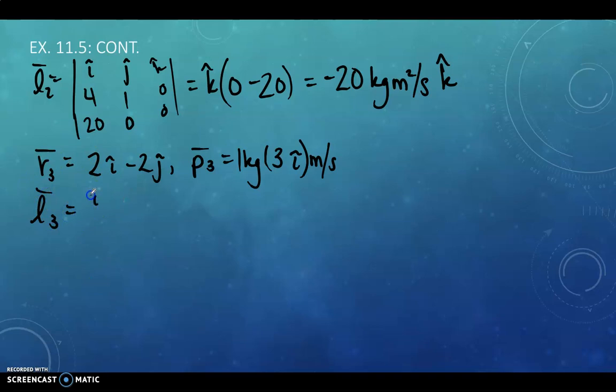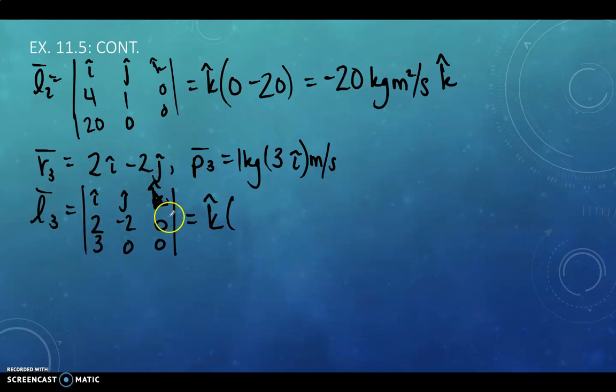L3, we have i hat, which is 2 and 3. We have j hat, which is negative 2 and 0, and then k hat, 0 and 0. And then again, we'll be just in the k hat direction.